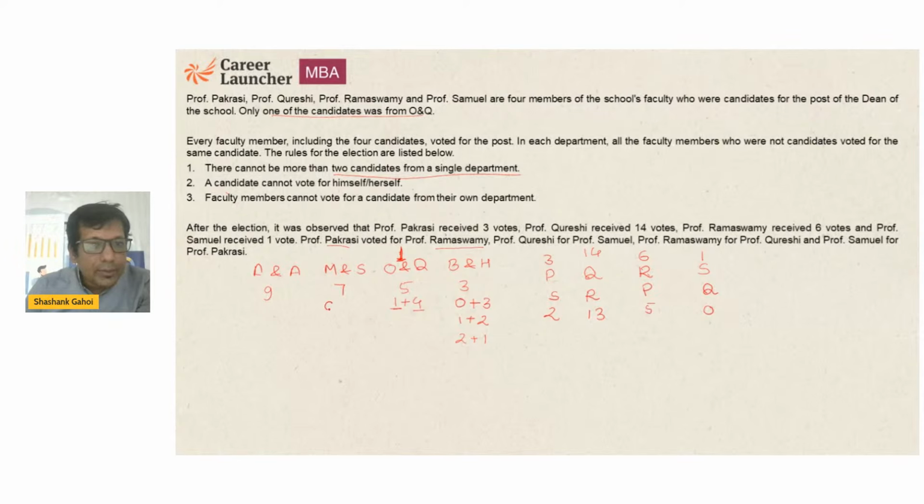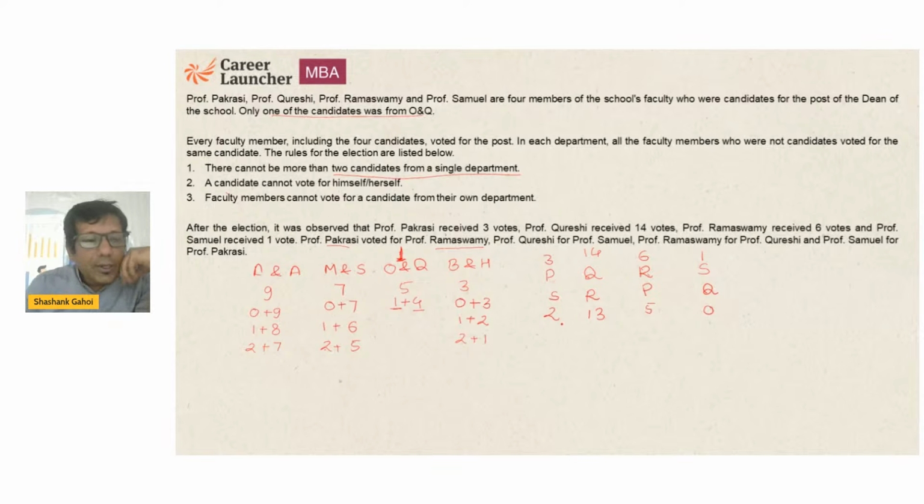MNS, it can be 0 plus 7, 0 candidates, 7 non-candidates. 1 plus 6, 1 candidate, 6 non-candidates. 2 plus 5, 2 candidates and 5 non-candidates. Okay. This is going to be 0 plus 9. Now it is going to be 1 plus 8 and 2 plus 7. Maximum 2 candidates can be from the same department.